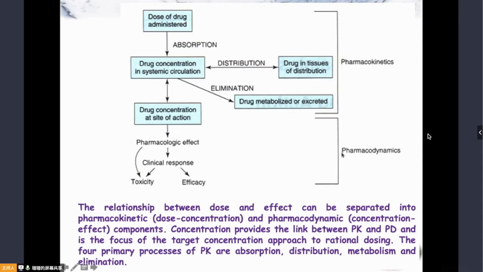PD mainly focuses on the effects of the drug, and PK mainly focuses on ADME, which is the absorption, distribution, metabolism, and elimination of the drug in our body.